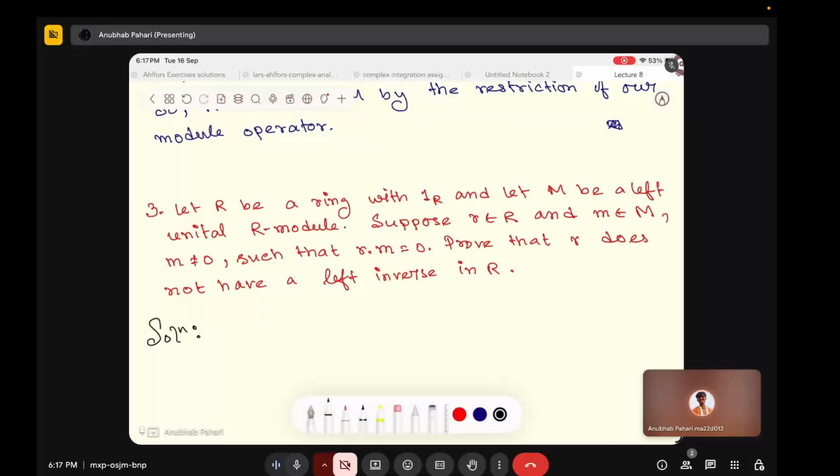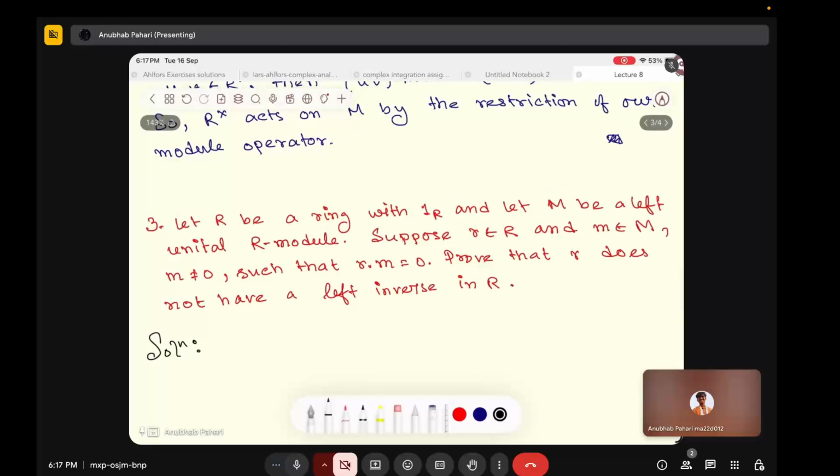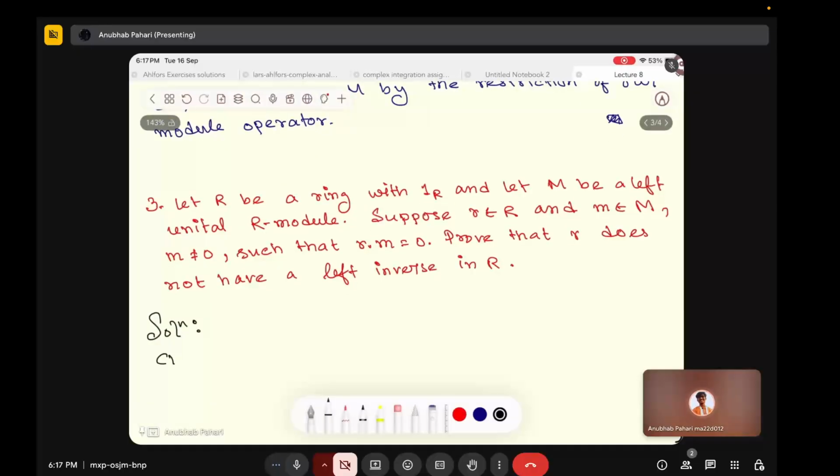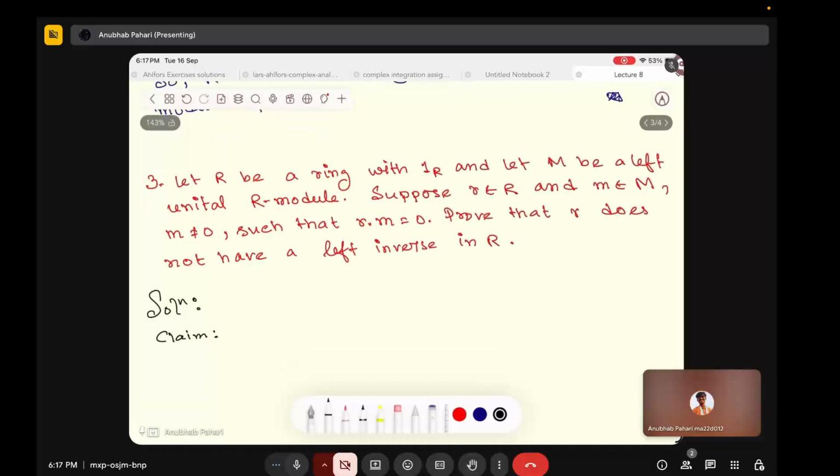So we first start with a claim: let M be a unital left R module.